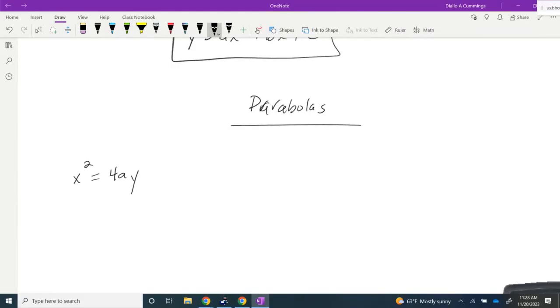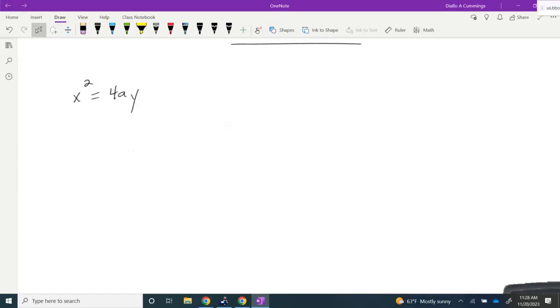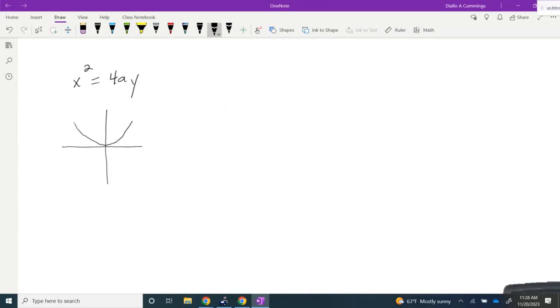My x squared term is on the side of the equation by itself, and its coefficient is 1. So x squared is equal to 4ay. That produces a graph that looks like this, and this is centered at the origin.